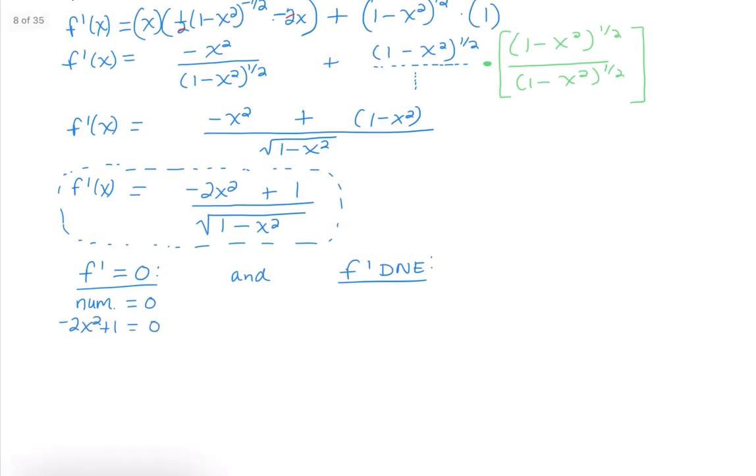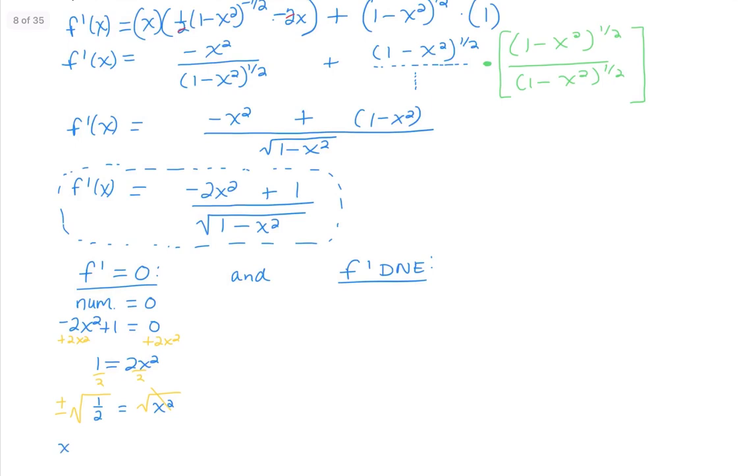So with a little basic algebra here, add our 2x squared over to the right-hand side, and so we would now have 1 equals 2x squared. Just continuing here, we'll divide by 2, and then we should be in a position where we just need to get rid of the square. Now be careful: when you take a square root to get rid of a square, you have to remember to introduce that plus or minus square root on the other side.